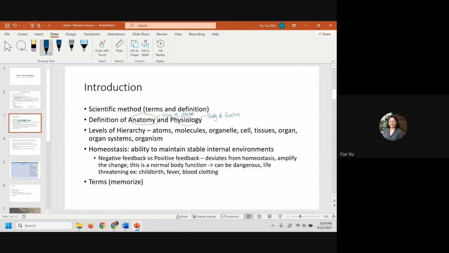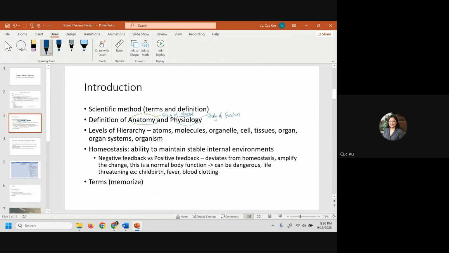Was it connective? Was it nervous? But instead you put down skeletal, which unfortunately is wrong, right? So my point here is you have to make sure you read the questions carefully. I could be on the test asking you to list these things from smallest to largest or from largest to smallest. Okay? So read the question carefully.